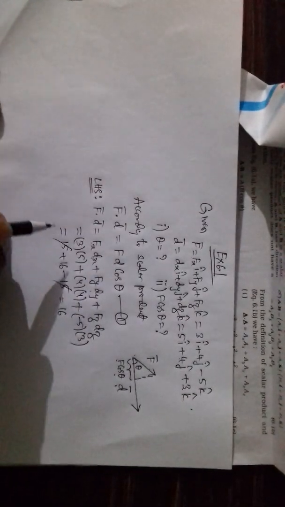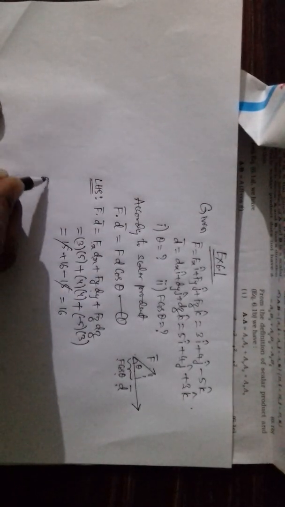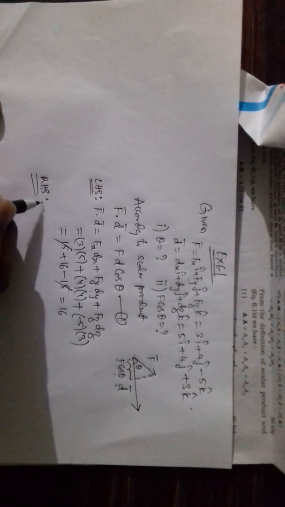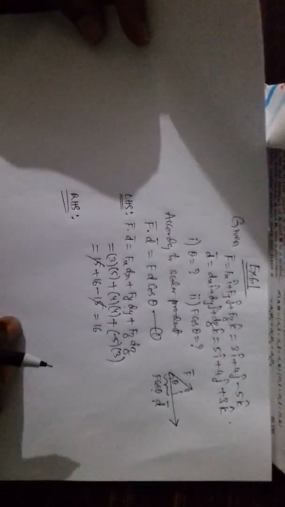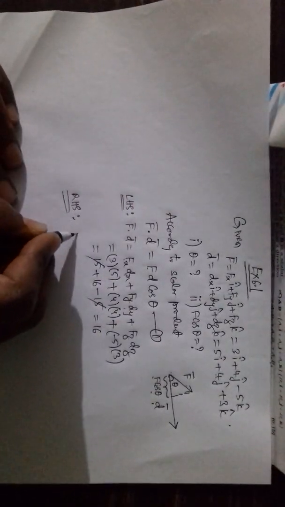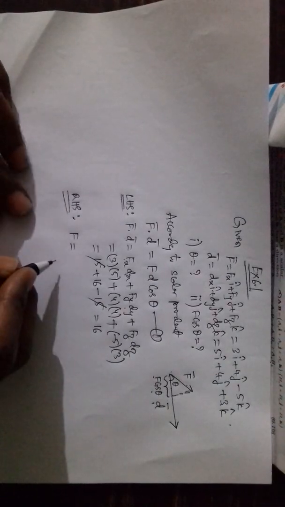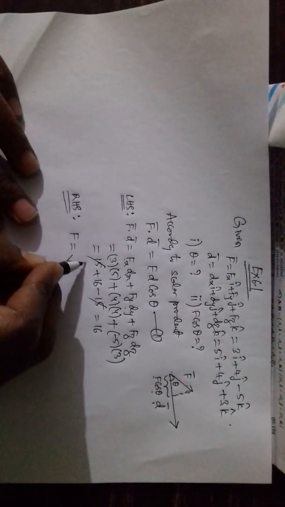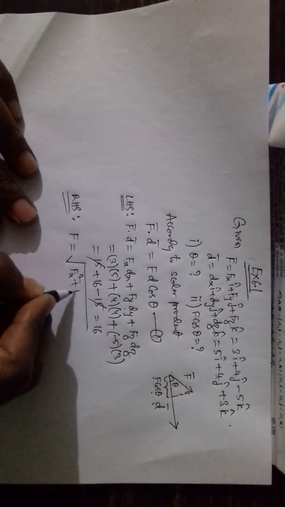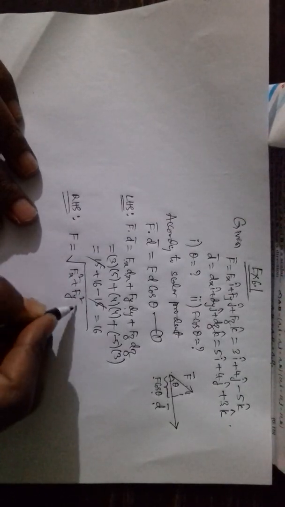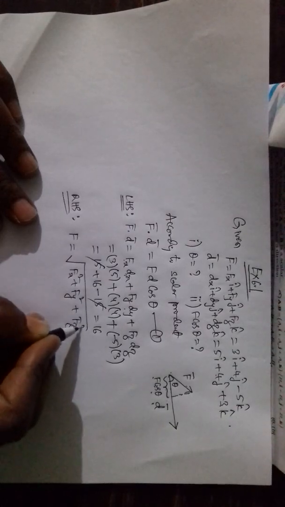So next on RHS, F is there. F is the magnitude of F vector. How is magnitude defined? F is nothing but square root of fx square plus fy square plus fz square.